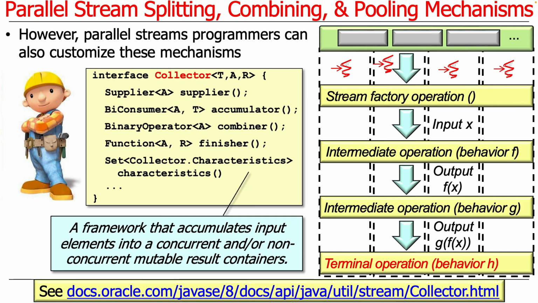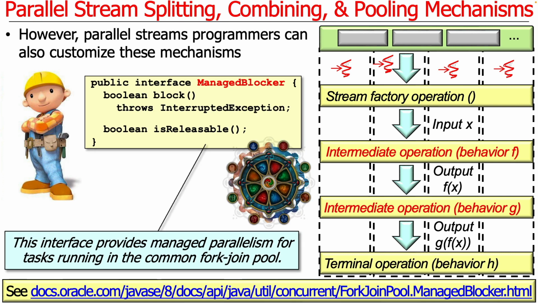There's also the collector that accumulates stuff into a mutable result container, which is either thread safe for concurrent collectors or sequential non-thread safe for non-concurrent collectors. And we'll talk about that, and I'll show you a bunch of examples. We've also talked about this before, so this is just a quick recap. There's the ManagedBlocker mechanism, which we talked about in the context of the common ForkJoinPool.